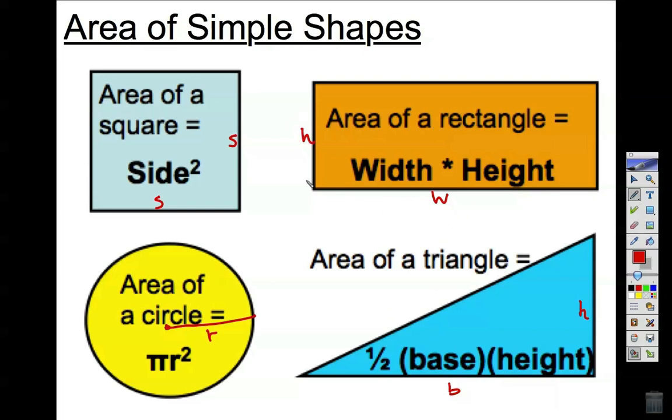Here's the width, here's the height. The width can also be referred to as the base. Area of a full circle is pi times r squared. R is the distance from the center to the very edge of the circle. Area of a right triangle, or any triangle I should say, is 1/2 times the length of the base times the length of the height.